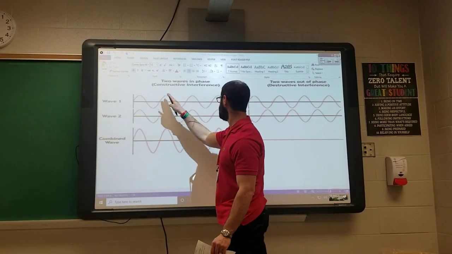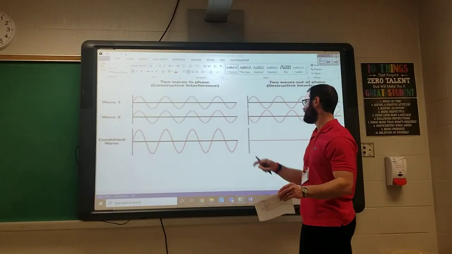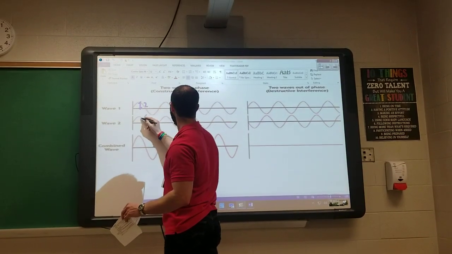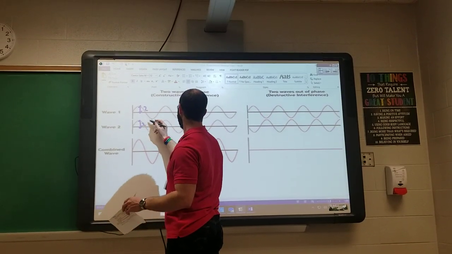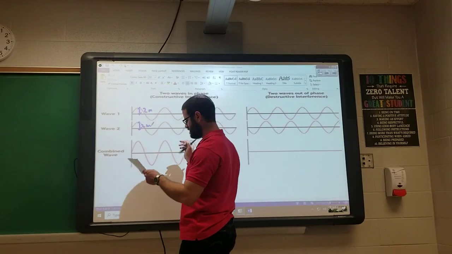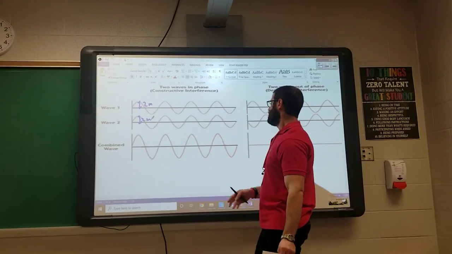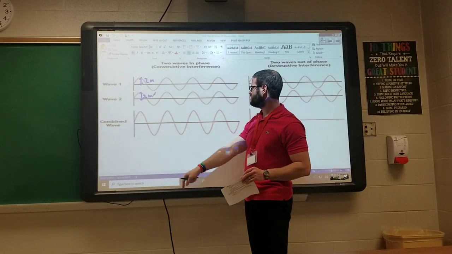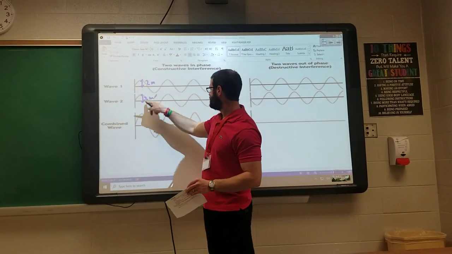Let's say the amplitude is 2 meters on each of these waves. The resulting wave, when they're combined in constructive interference, we would just add those together.